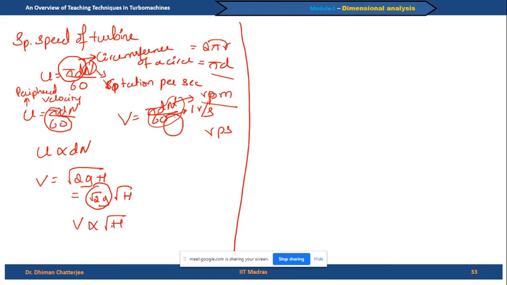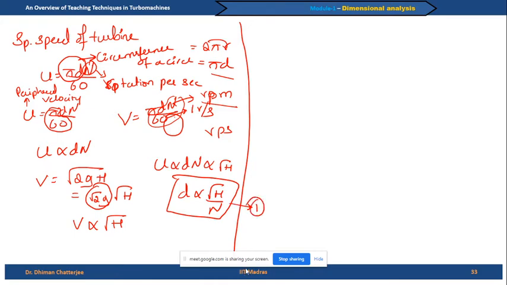Basically we consider that u and v are the velocity only. So can we write u is directly proportional to dn is directly proportional to root h. So for further reason we can write d is directly proportional to root h by n. This is your first equation.